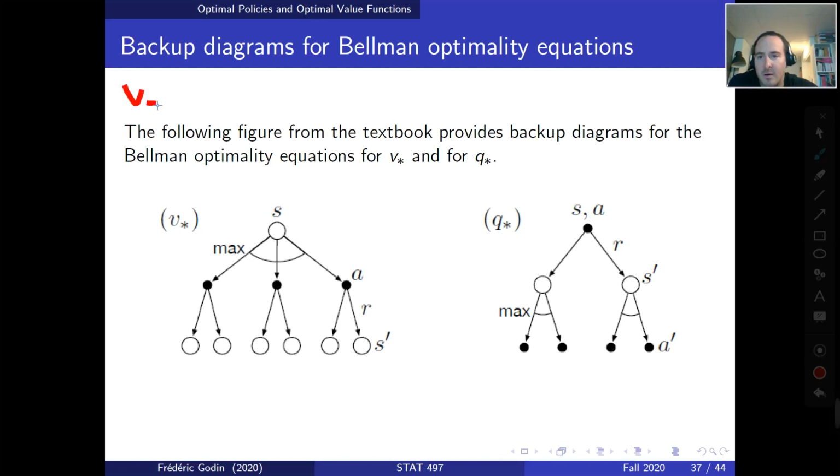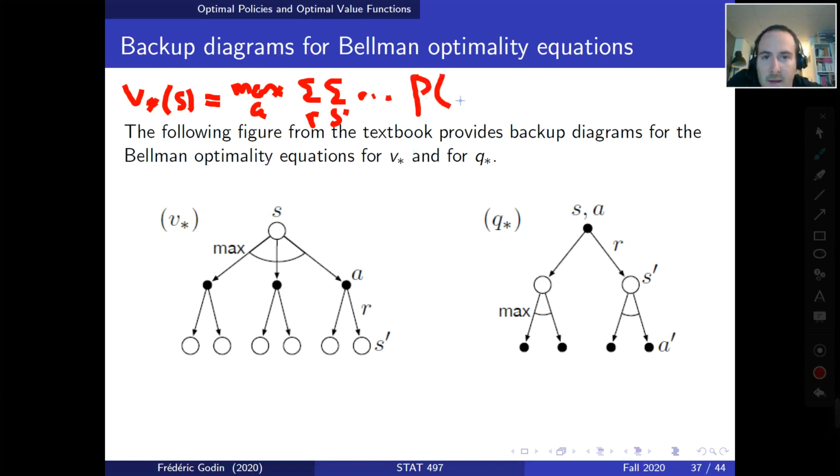So the recursive expression for V star of S was given by the Bellman equation as the maximum across all actions A of a summation over all rewards and next states of something here. Maybe let's write it.